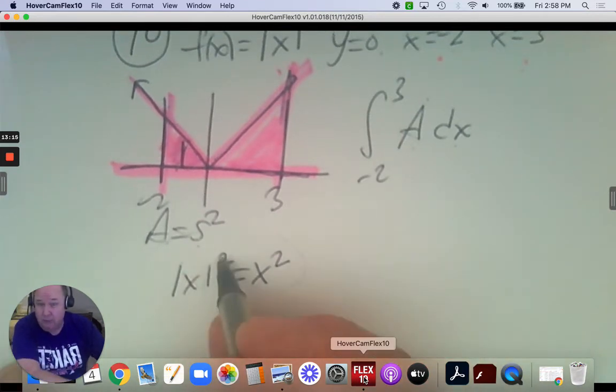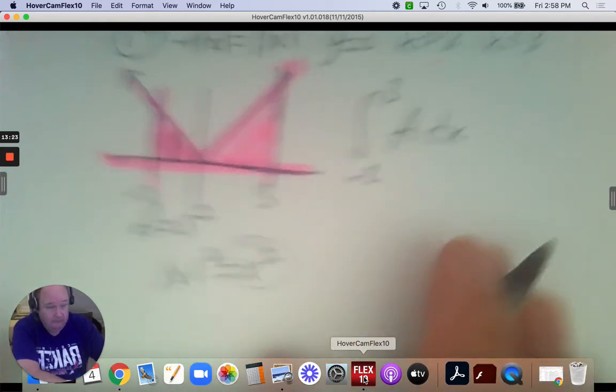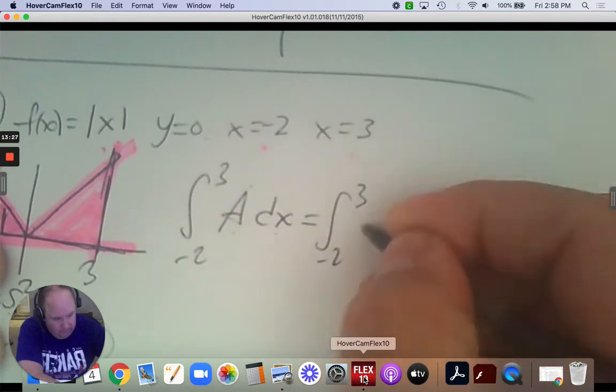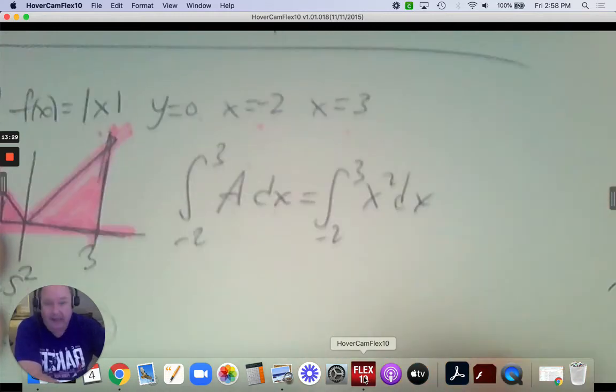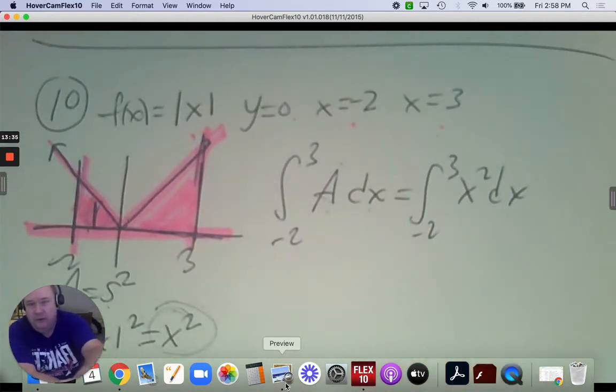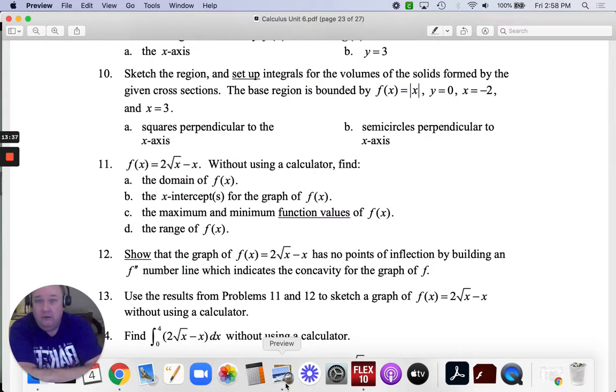Whatever number you put in, these are equivalent. So I just need to put x squared in terms of it. So this is the area formula. And we're going to put that in here. And that's what's going to give me the volume. Now for number 10, I think it said only the setup. Let me just double check. Just set it up. All right, so there's the setup for A.